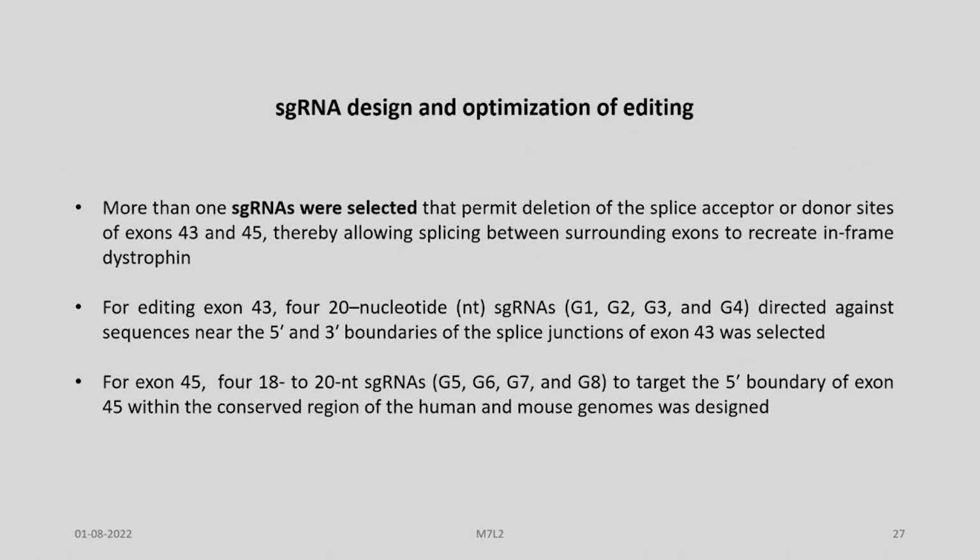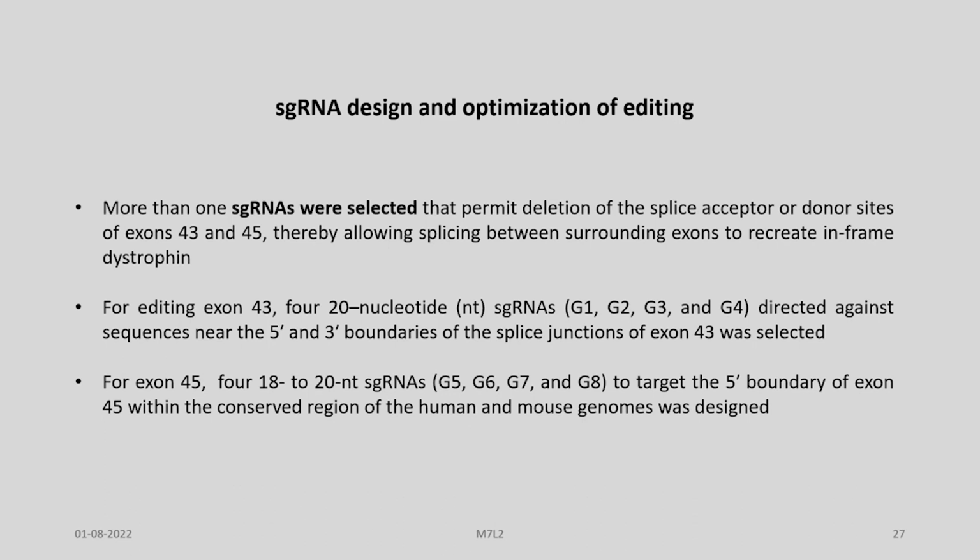sgRNA design and optimization of editing. More than one sgRNA was selected by the researchers, which permit deletion of the splice acceptor or donor sites of exons 43 and 45, and this allows splicing between the surrounding exons to recreate in-frame dystrophin.